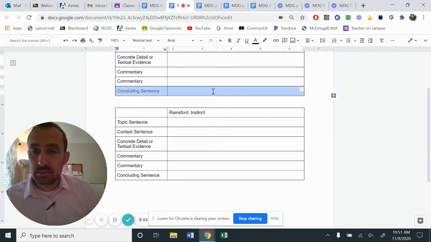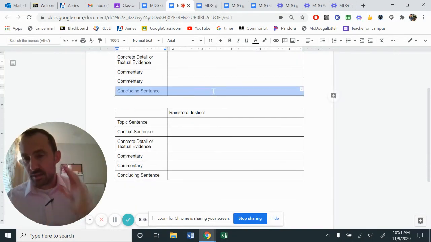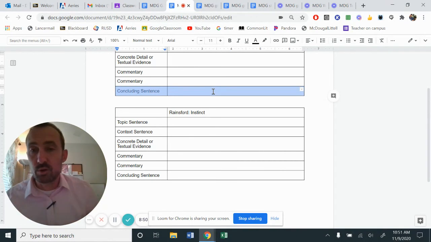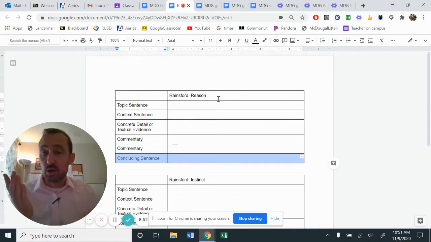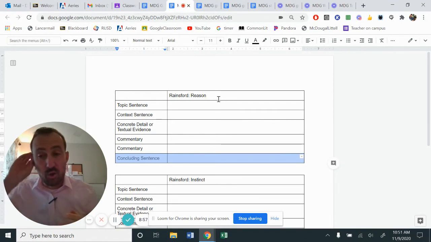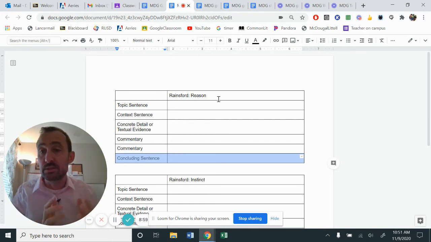The concluding sentence, ladies and gentlemen, is where you drop the mic. That's where you reiterate what's going on. This might be easier for you, and can encompass either the character and or the theme word. So reiterate, hit home. How is Ransford showing reason in this moment? What does that really mean for him?